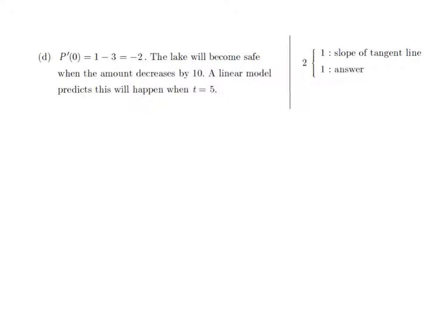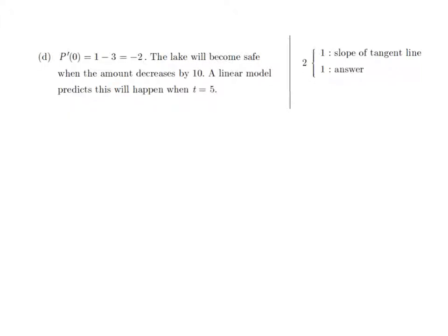So the lake will be safe when the amount decreases by 10. That's an interesting way of describing it, I guess, because you're starting at 50. So we need to figure out when the decrease is 10 gallons. It looks like you could have gotten points for this if you didn't even write the equation.